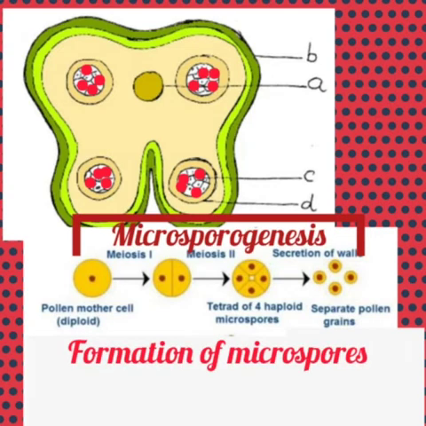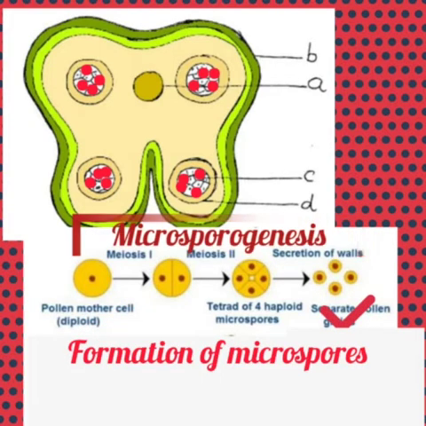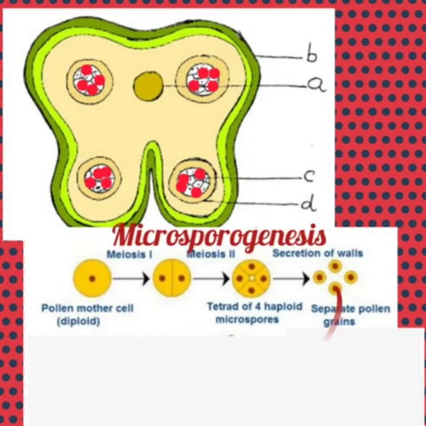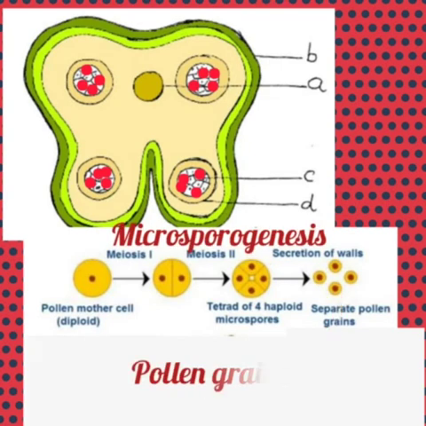So students, this was microsporogenesis. We saw how the microsporangium cells give rise to microspores. Now we will see how these microspores give rise to the male gametophyte, which is the pollen grain.